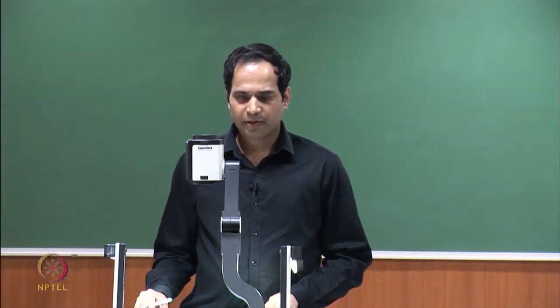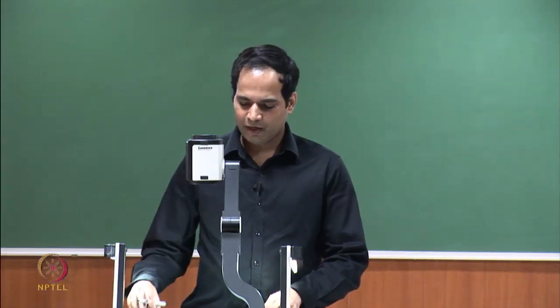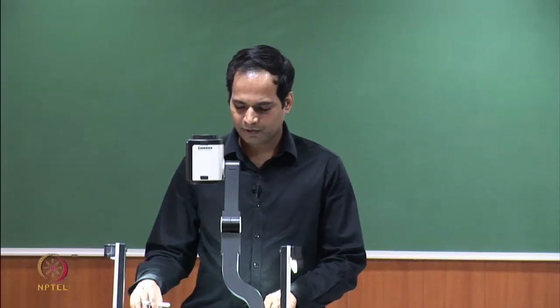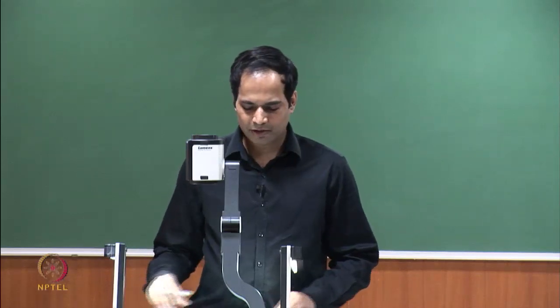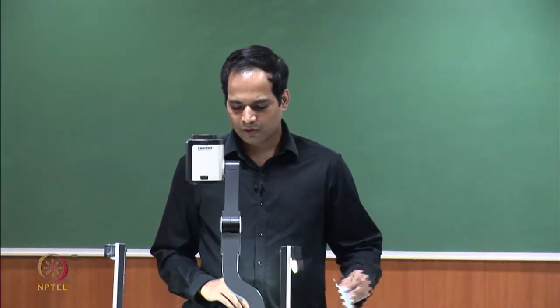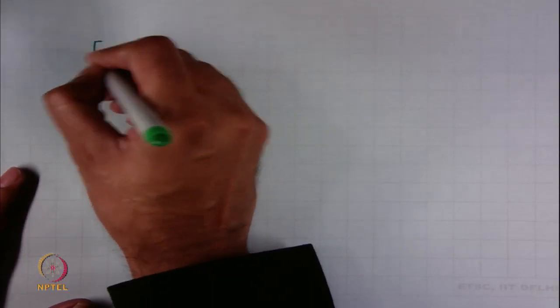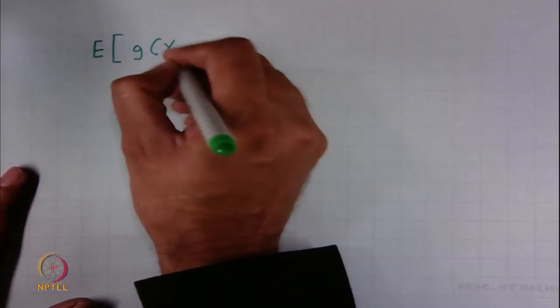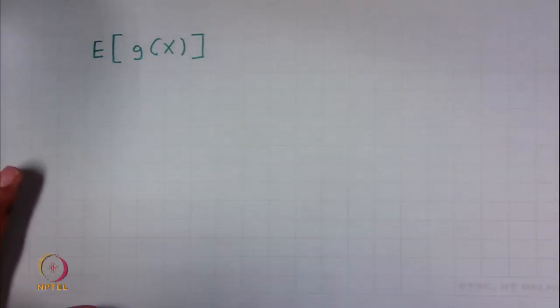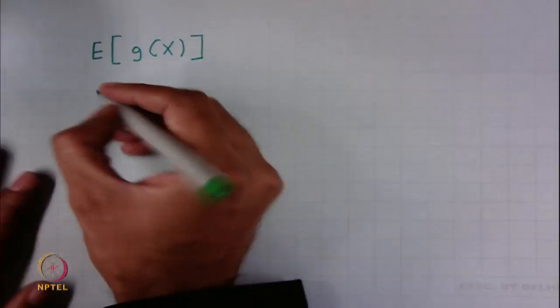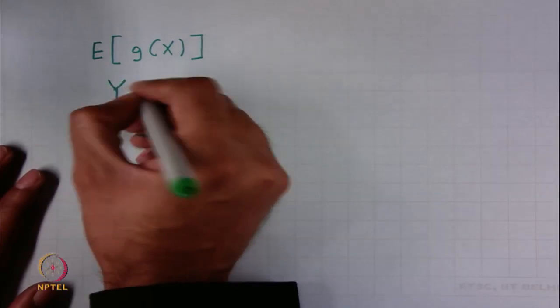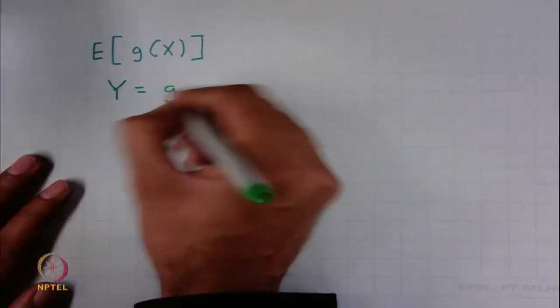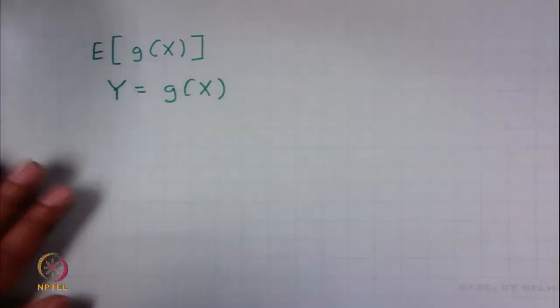Let us look at a slightly involved concept. Nothing is involved if you have understood this, but this is a little bit trickier. What we are interested in finding is the expected value of a function of a random variable. So, I have another random variable y which is some function of random variable x.